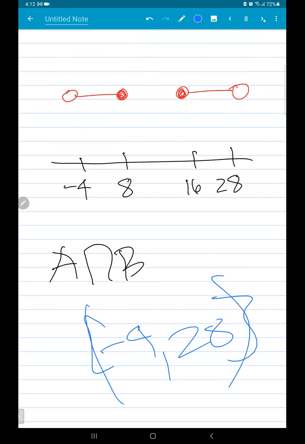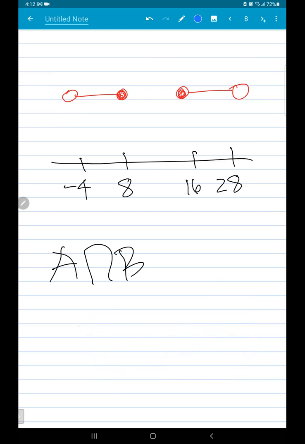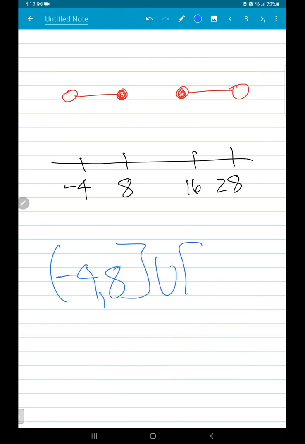Hindi kasama yung gitna. So to be able to indicate that, we need to use the union. The final answer is a union of two disjoint intervals A and B. So magiging -4 open, 8 closed, union 16 closed, 28 open.